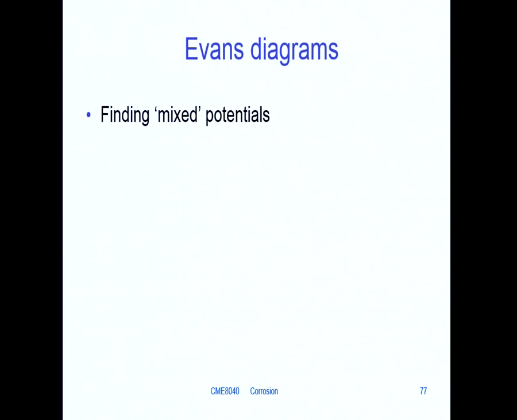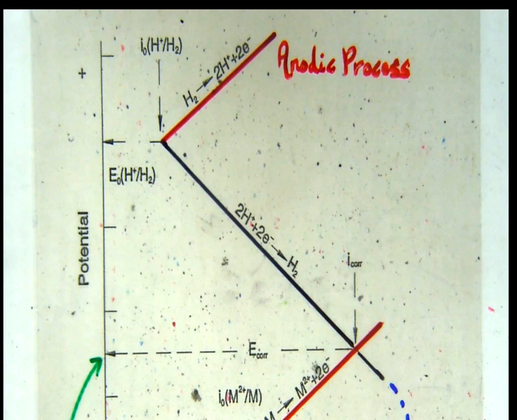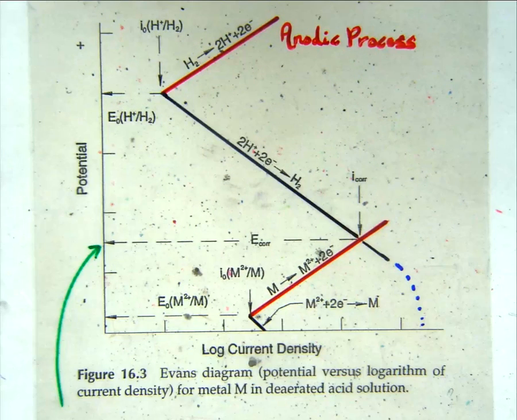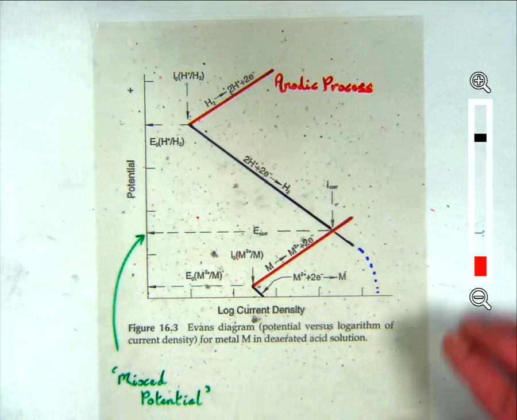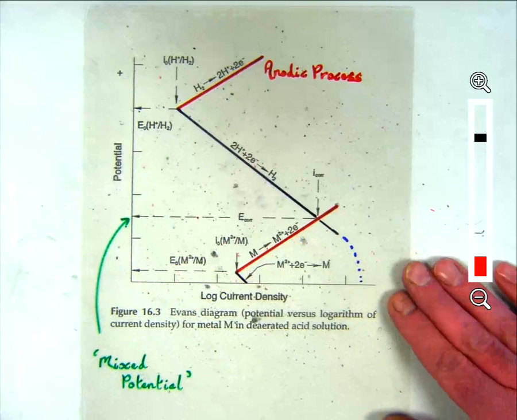This is an Evans diagram. You can tell because the lines are all linear. It's not a curve. And what it shows is the theoretical, thermodynamic response of two electrodes.